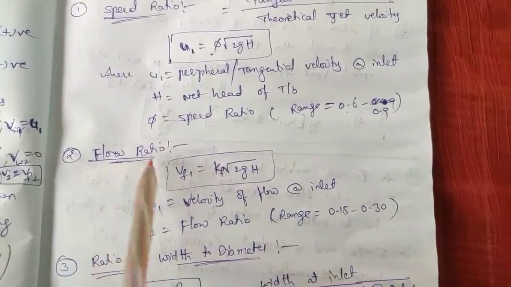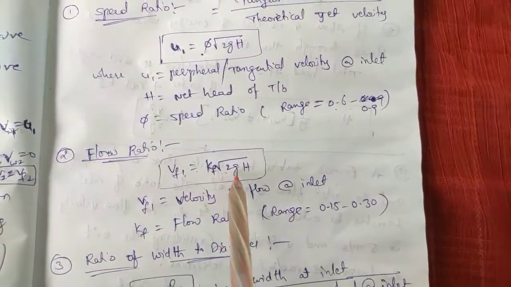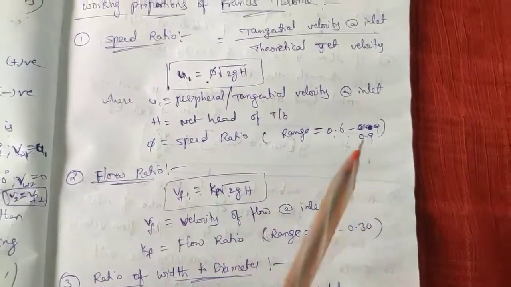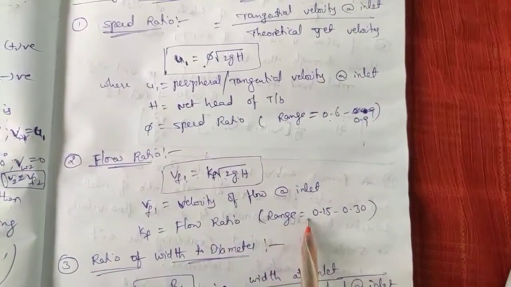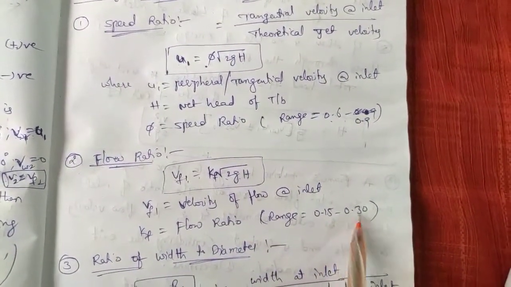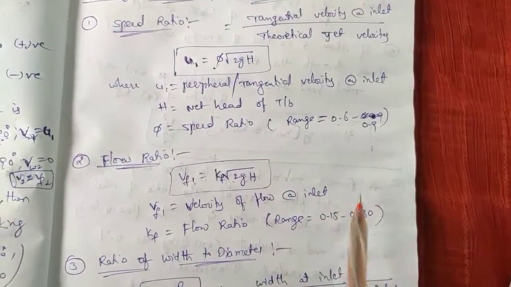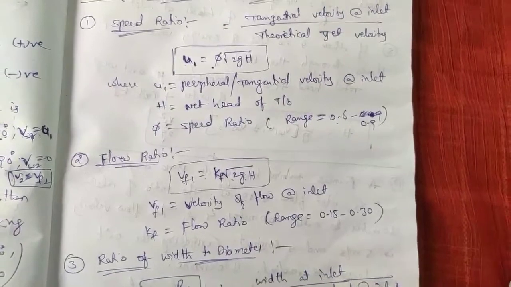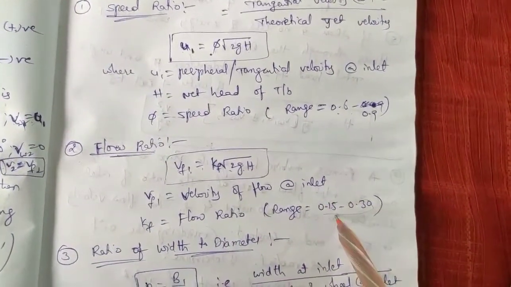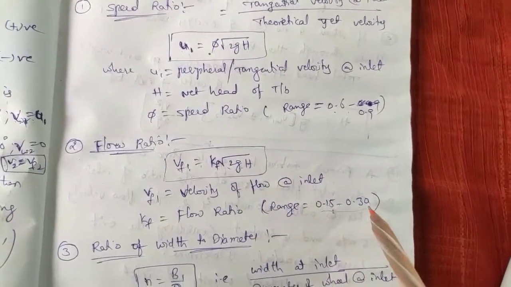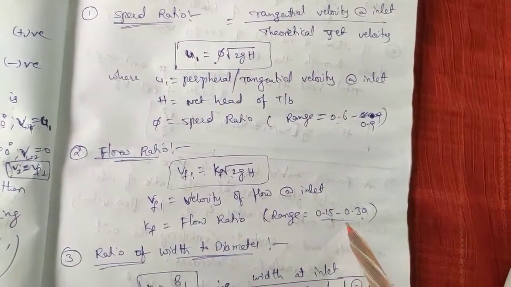And the second thing is flow ratio, VF1 equal to KF root 2GH, where KF is the flow ratio. This range is 0.15 to 0.30. This value is also given in the problem. Otherwise you assume this KF flow ratio in between this range, either 0.15 or 0.3, or the average of both, around 0.2.